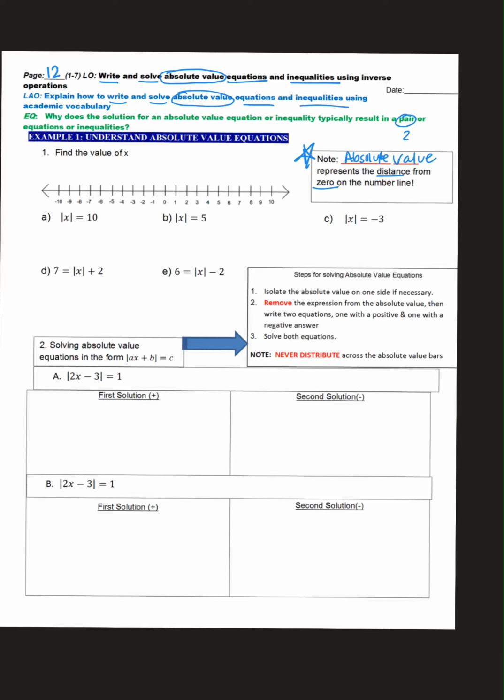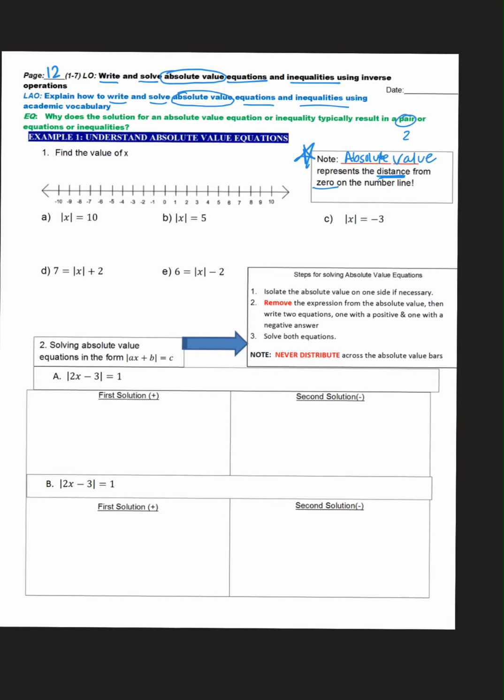That's true, but it's only true because distance can't be negative. That's why answers to absolute value questions are often positive, because we're talking about distance. But the misconception is when we are talking about absolute value, we are just talking about things being the same distance away from 0 on a number line.